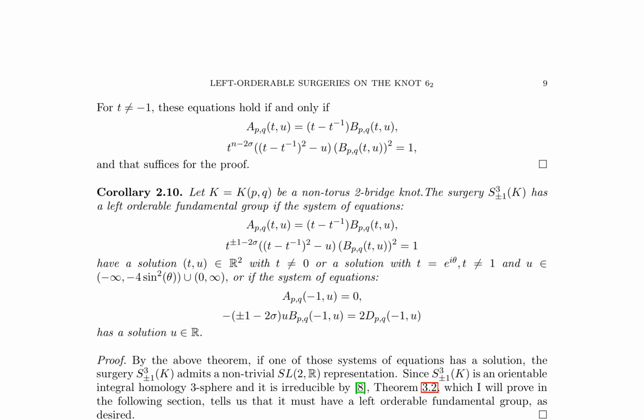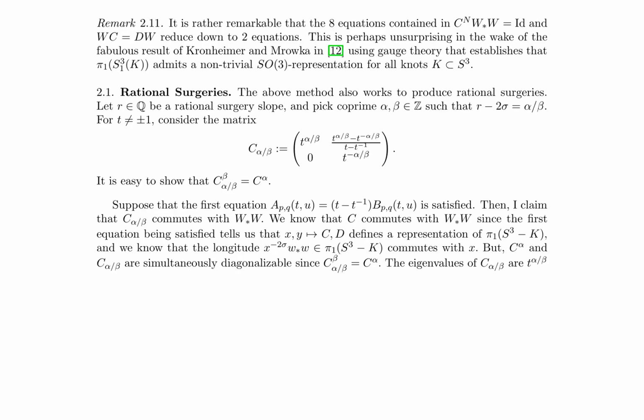This solution exists if the equations A_{p,q}(t,u) = t t_1 B_{p,q}(t,u) and (t ± 1)^2 σ (t t_1)^2 u B_{p,q}(t,u)^2 = 1 hold, or if the system A_{p,q}(t,1,u) = 0 and ±1 2σ u B_{p,q}(1,u) = 2 D_{p,q}(1,u) has a solution u in R.